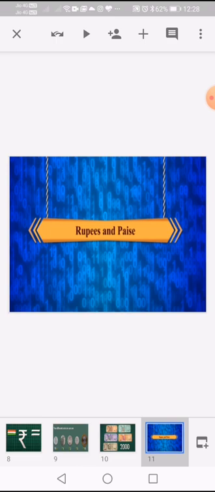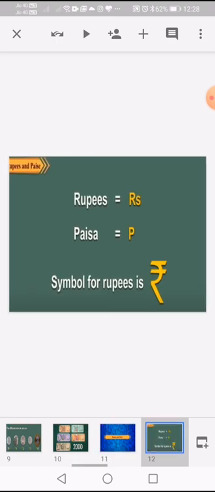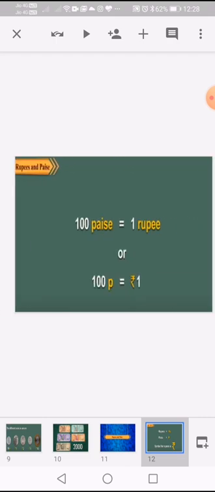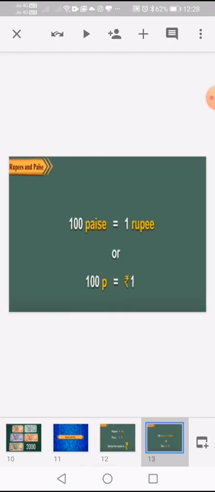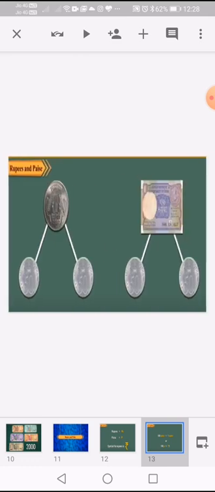Now rupees and paisa. See here, rupees is equal to Rs and paisa is equal to P. Symbol for rupees is this. Now see, 100 paisa is equal to 1 rupee, or 100 P is equal to rupee 1.